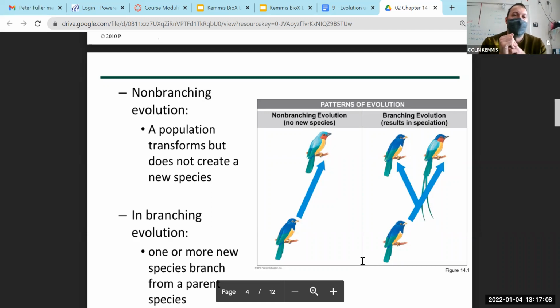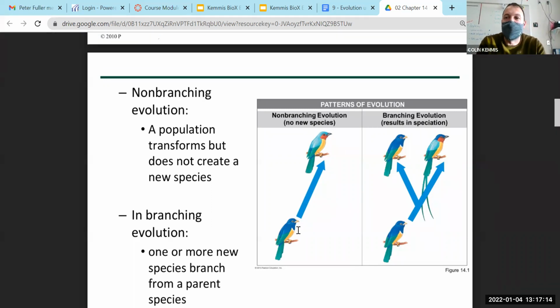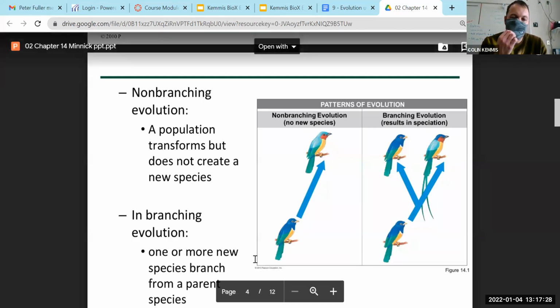I think too, this one's a little misleading, because over time, some species won't actually change. They will stay stable. They're well adapted to their environment. Their environment hasn't changed. So be careful with this non-branching one as well.